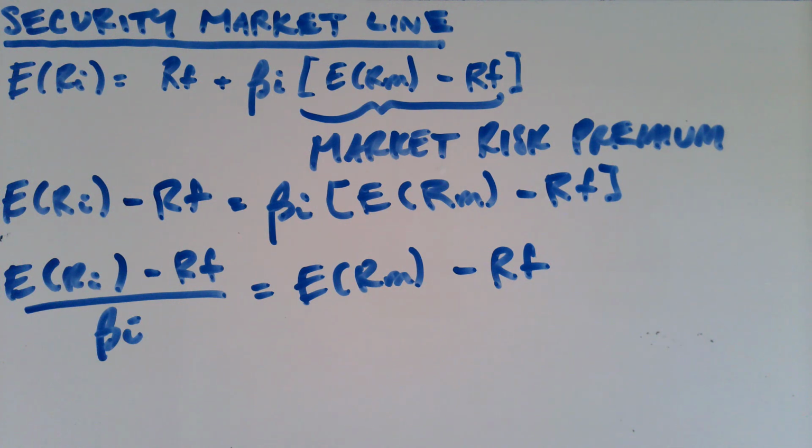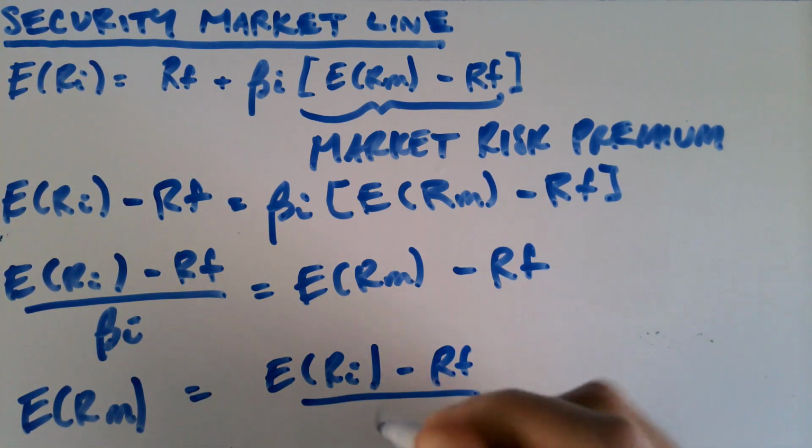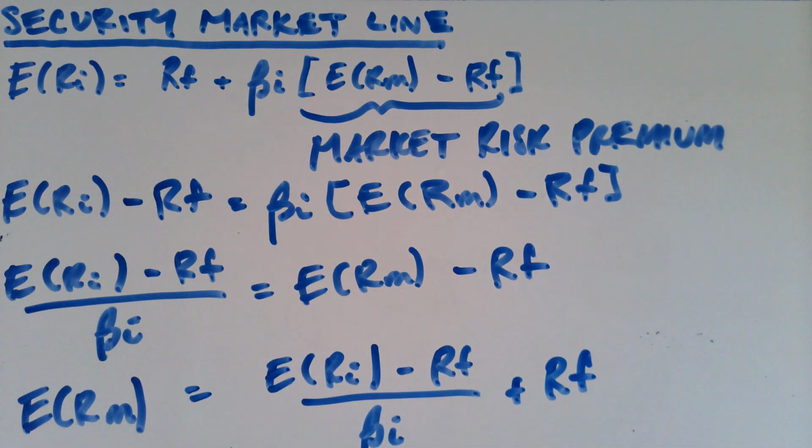Now notice while I do this, I'm going to also switch the sides of the equal sign because we normally try to get the variable that we are interested in on the left-hand side. And so now we have the expected return on the market.